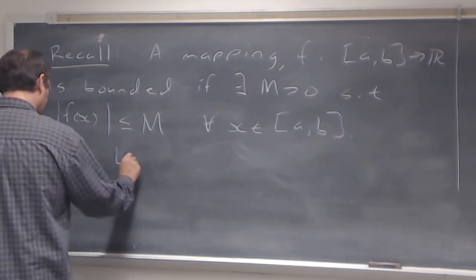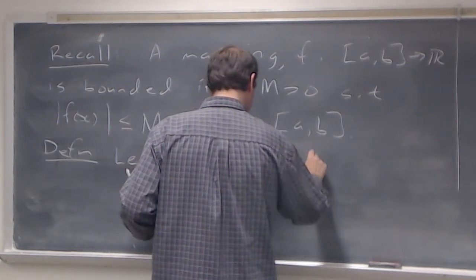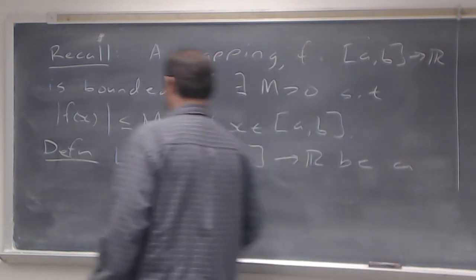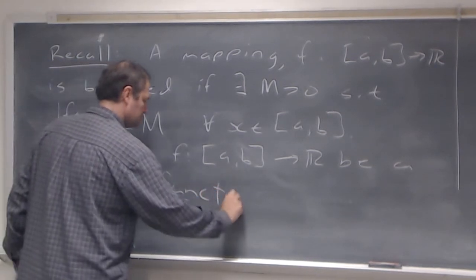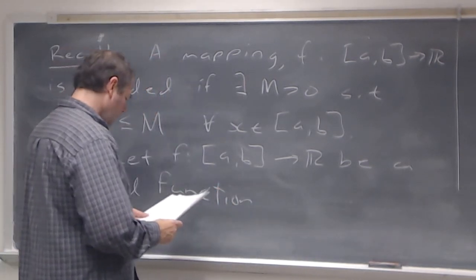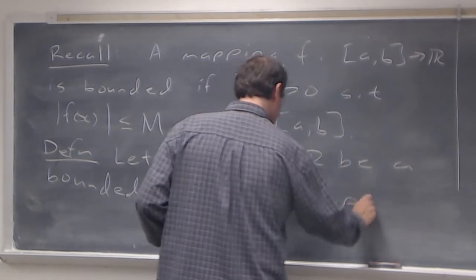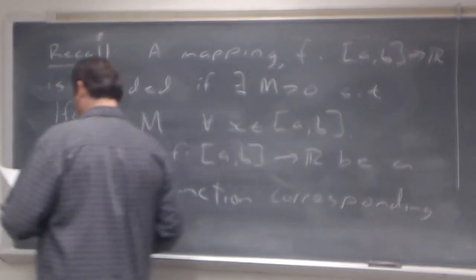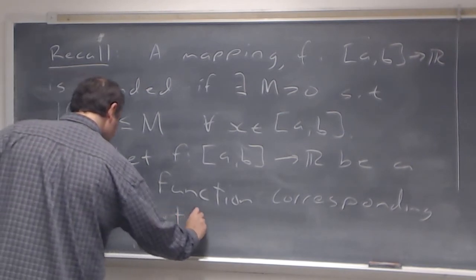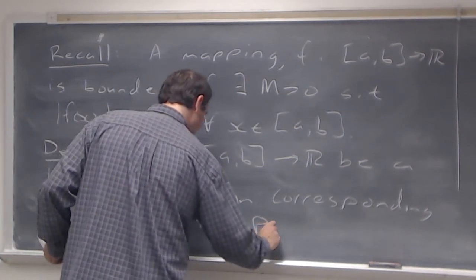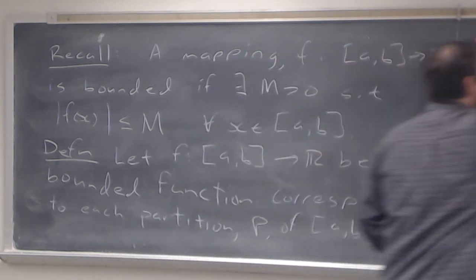This is very lengthy, but we're going to start off by letting f go from [a, b] into R be a bounded function, and then what we're going to say is, corresponding to each partition script P of [a, b], we're going to define certain symbols.